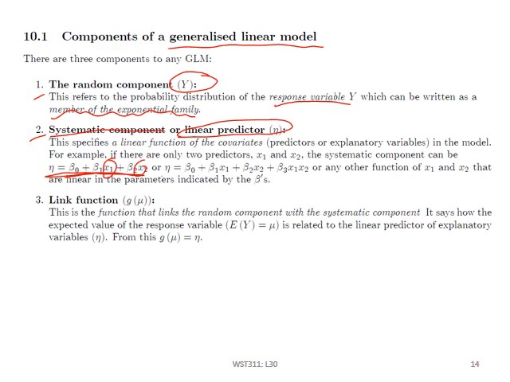Here's another example of a linear function which includes an interaction term. So that is the second component defining the generalized linear model, the systematic component or linear predictor.